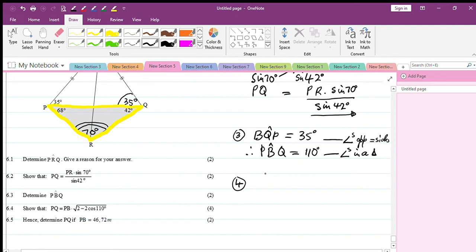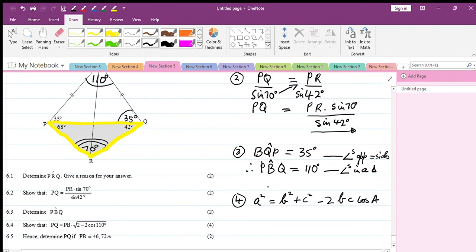The cosine rule states that a squared is equal to b squared plus c squared minus 2bc cos A. That's our cosine rule. Now we need to write this rule here in terms of what is given to us.